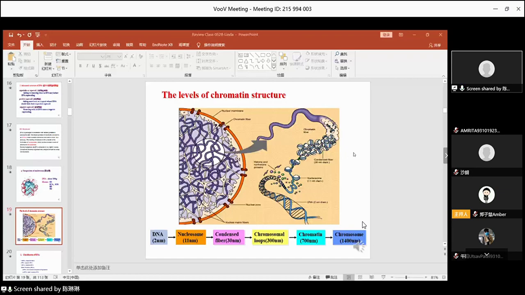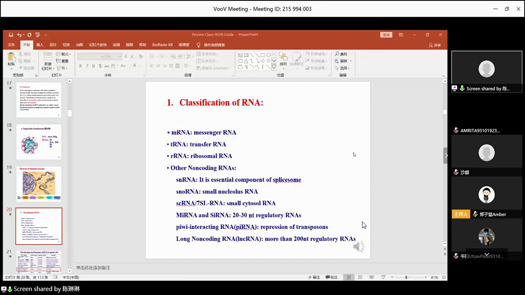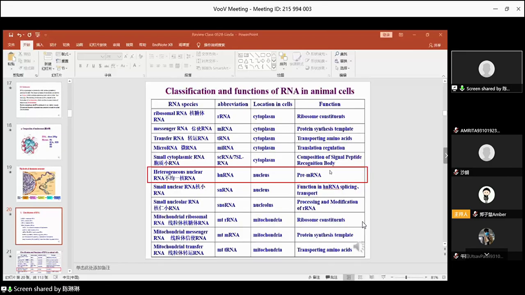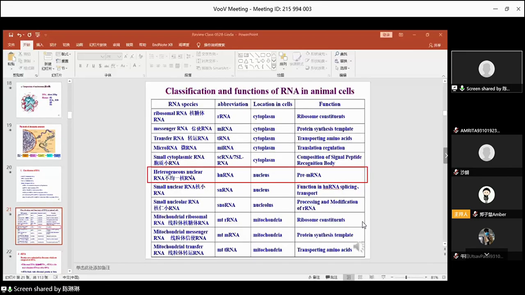And next, for the classification of RNA, there are many kinds of RNAs, including mRNA, messenger RNA, tRNA, rRNA, and other non-coding RNAs. You don't have to remember all kinds of non-coding RNAs in this part, but you should remember the heterogeneous nuclear RNA. It can also be written as hnRNA.